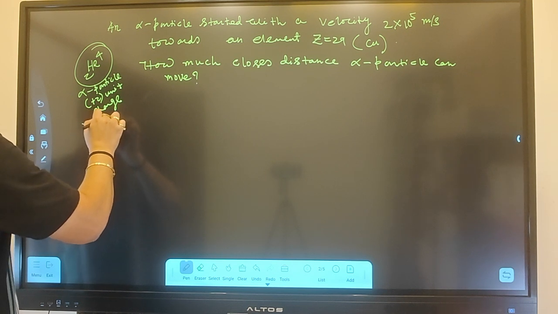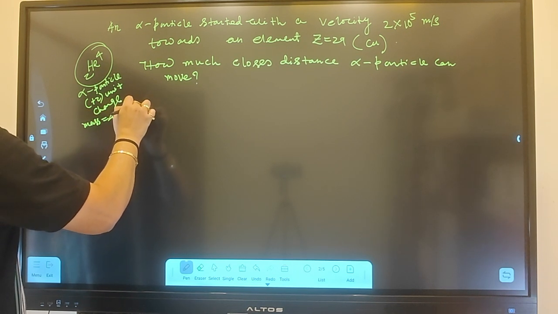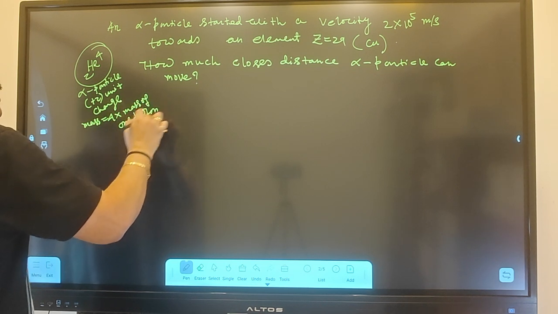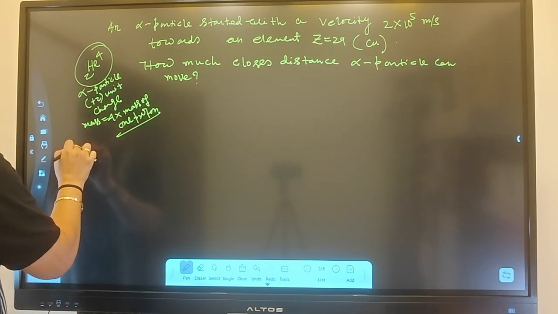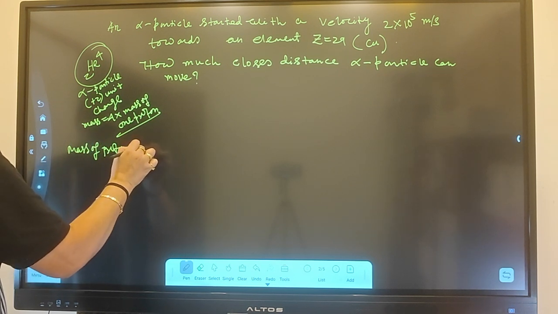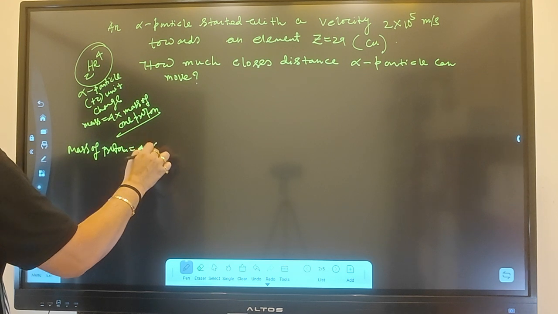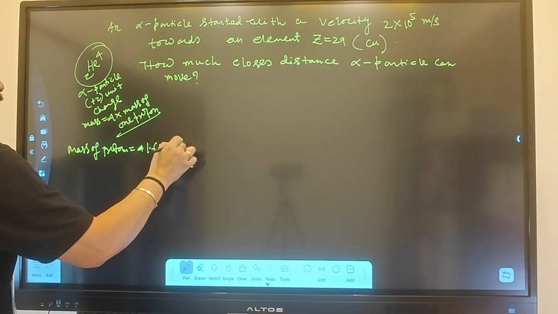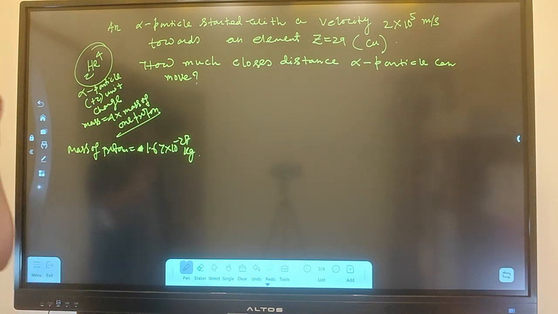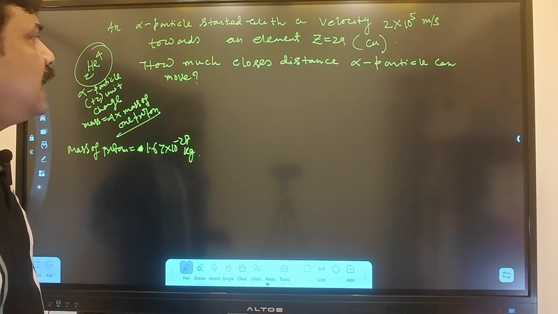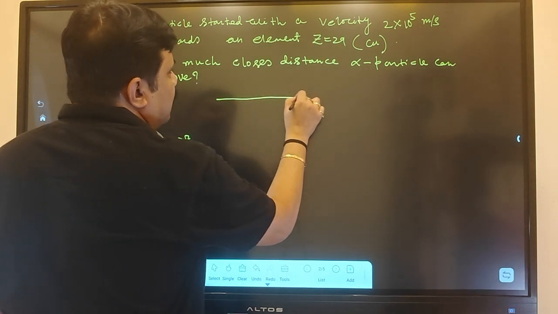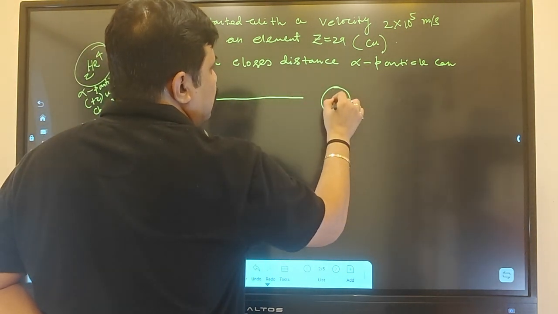Mass equals 4 times the mass of 1 proton or neutron, whatever it is, their masses are almost equal. Mass of proton equals 1.67 into 10 power of minus 27 kg, so the alpha mass is 4 times 1.67 into 10 power of minus 27 kg. Now the alpha particle is starting from this point, and here suppose the copper nucleus is there.